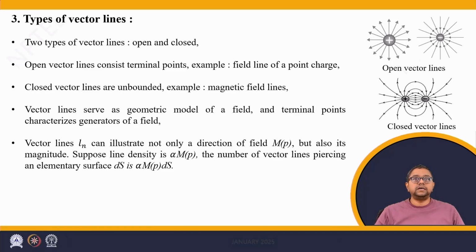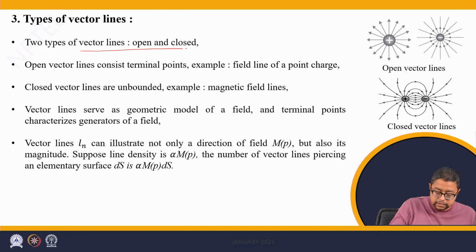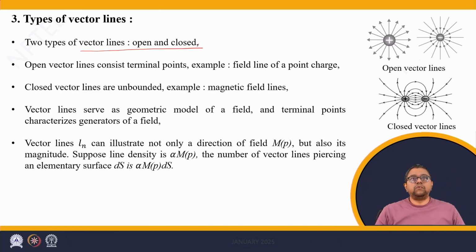Now, let us consider the next topic, which is the types of vector lines. This is an interesting thing as there are two types of vector lines. One is the open vector line, while the other is the closed vector line. This can be easily understood by considering the adjacent diagrams.